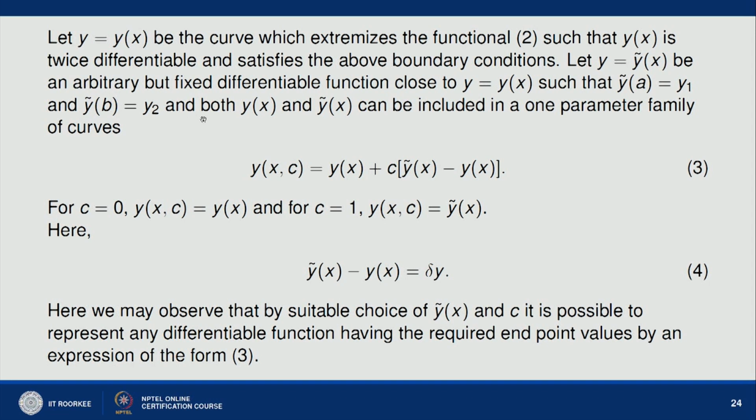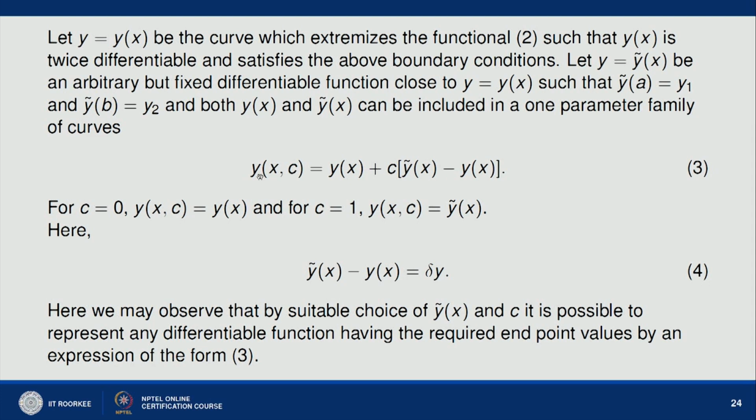And we define with the help of y and y tilde x a new one parameter family of comparison curves. So here we define this family as y of x comma c, which gives you a linear combination of y of x and y tilde x, and it is defined as y of x plus c times y tilde x minus y of x.